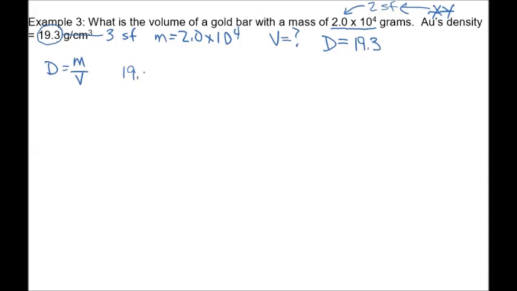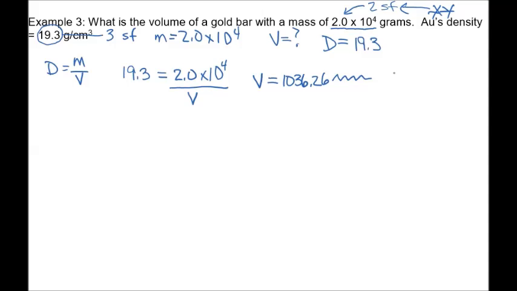Density is 19.3, and we're going to have 2.0 times 10 to the fourth, and we're going to solve for volume. If you've forgotten how to solve for something in the denominator, take a look at one of my previous videos on how to solve those. After we solve, we're going to find that volume is 1036.26, and so on, from your calculator.